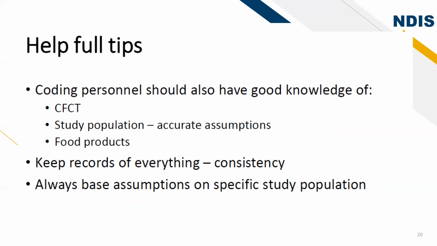In some instances, as I've mentioned, it might be possible to assume across the country. In other parts, it might just be specific study populations. A population living next to the ocean might not be able to be compared with someone living in a drier area, so the same assumptions might not be made for those populations.